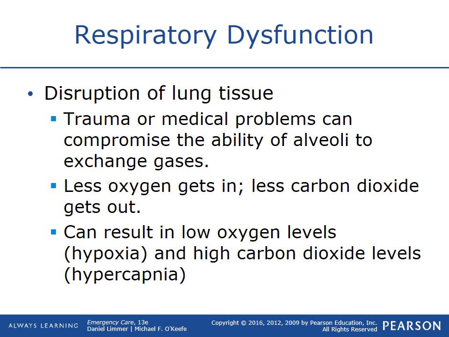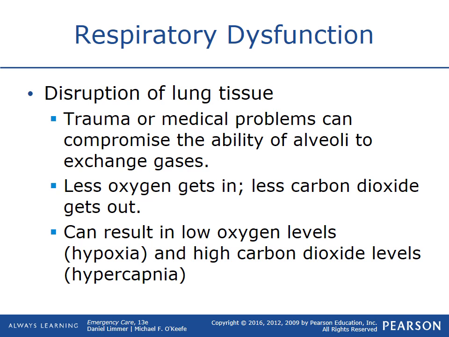There could be a disruption of lung tissue. Trauma or medical problems can compromise the ability of the alveoli to exchange gases. Let's say the lungs are just a muscle, the alveoli are part of those muscles, and let's say that there's bleeding into and around that tissue.